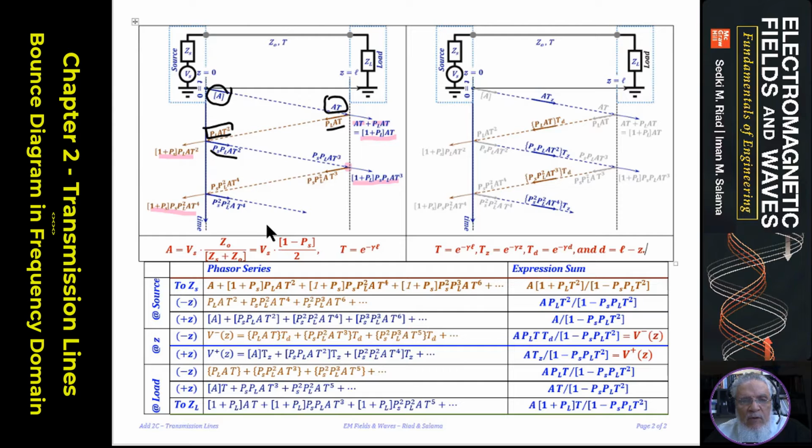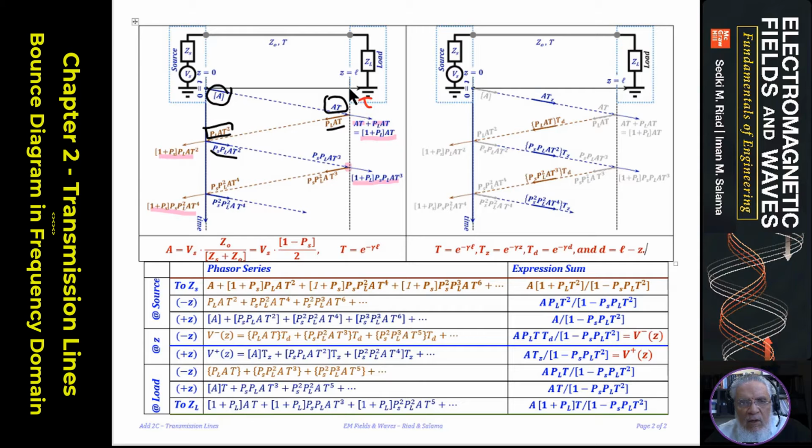So this bounce diagram here continues. Basically, we are doing that in a graphical form between two coordinates here, distance and time. The distance between the source and the load is z, and the end of the line here is L, and this one here is time. The time it takes for the signal to do the first travel or one-way travel, we're going to call that tau.